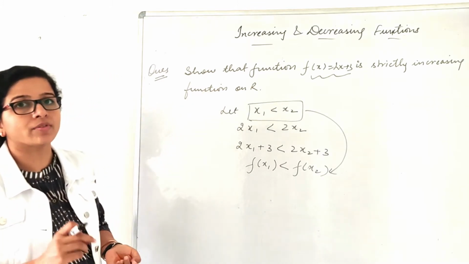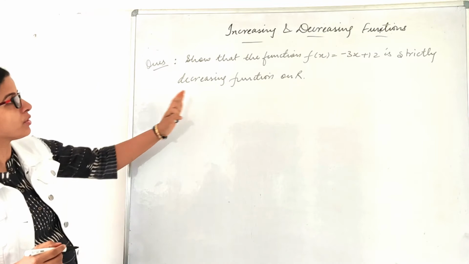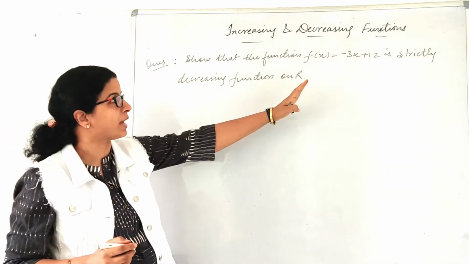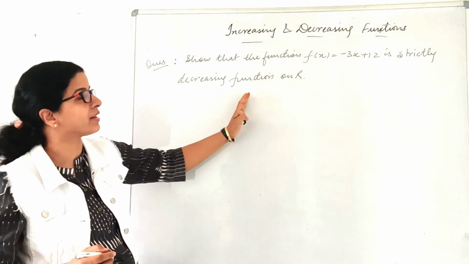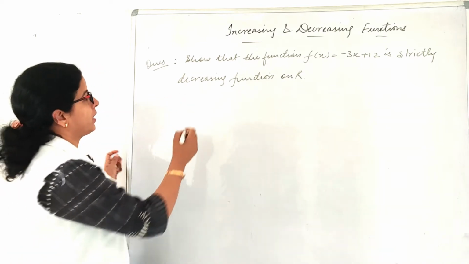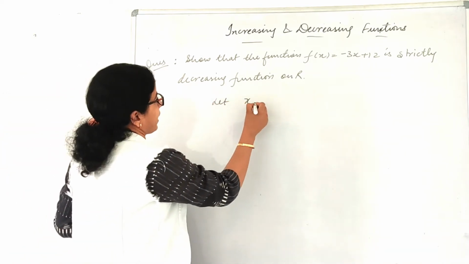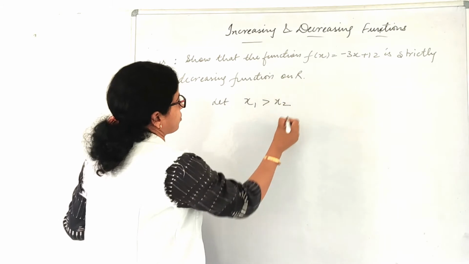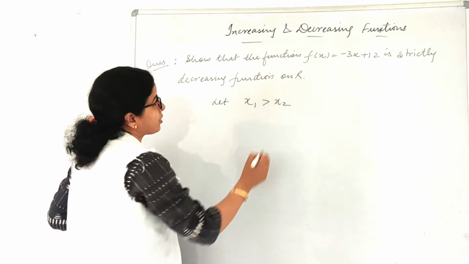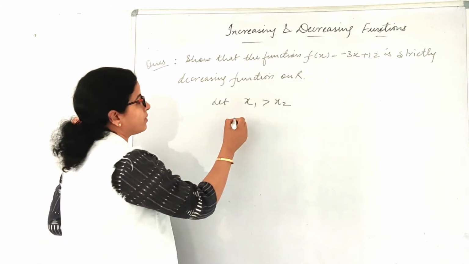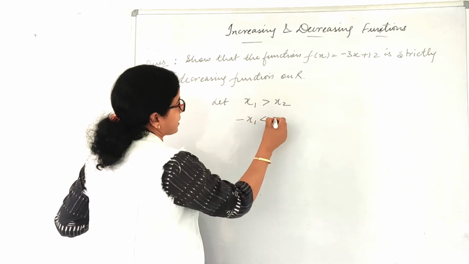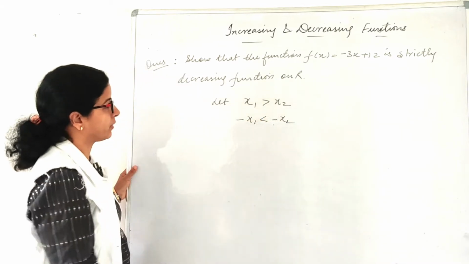Okay, let us take one more example. Let us show that the function f(x) = -3x + 12 is a strictly decreasing function on R. So let x1 be greater than x2. If I multiply throughout by a minus sign, my inequality will change. So -x1 is less than -x2.